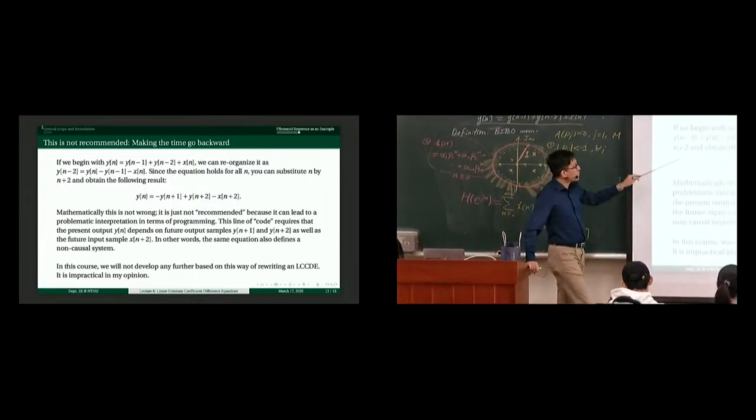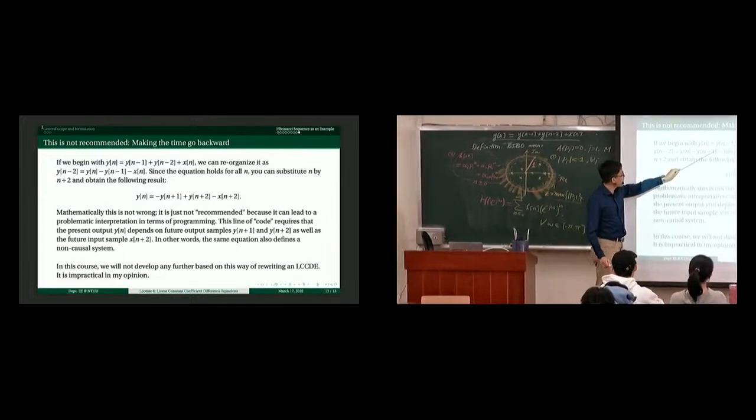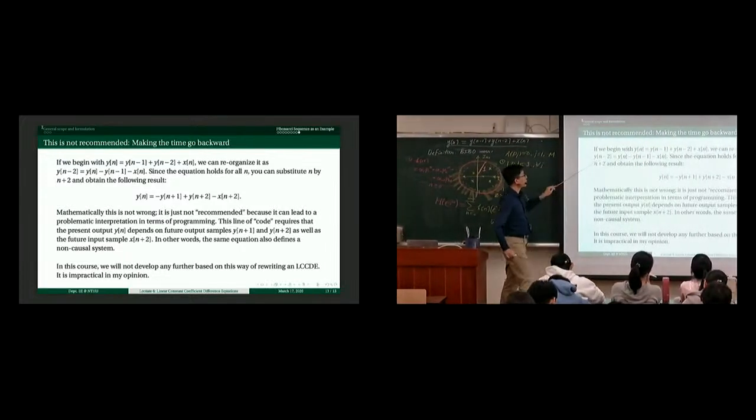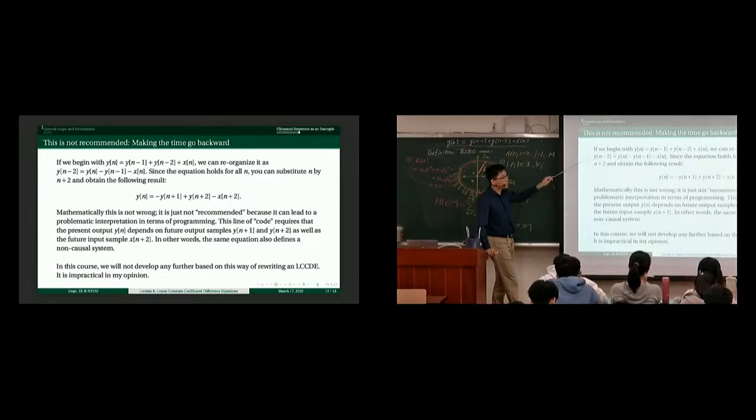Just by moving these two terms to the left-hand side and keeping y only on this side, now this is not wrong, right? Does anybody think this is wrong? It's not wrong, right? And it happens for all n.